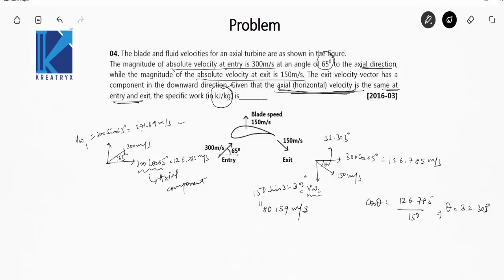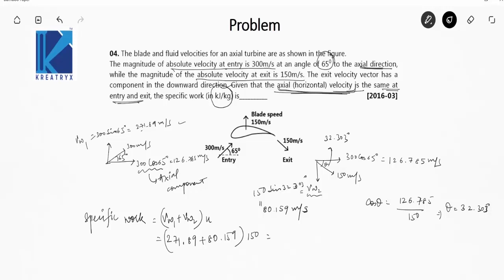What we have been asked, specific work in kilojoule per kilogram. Okay, so this will be VW1 plus VW2 into U. Same repeated question. I mean, they even haven't changed the concept. 271.89, same formula is there, plus 80.159. U, what is U? Blade speed is given, 150 meter per second.